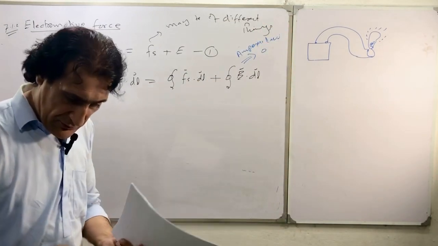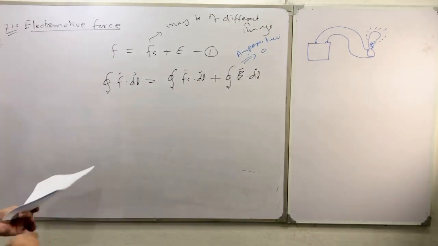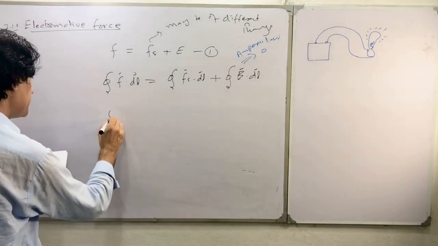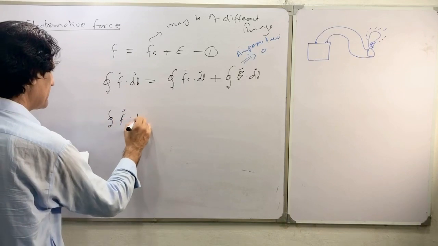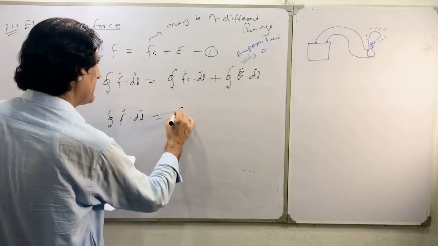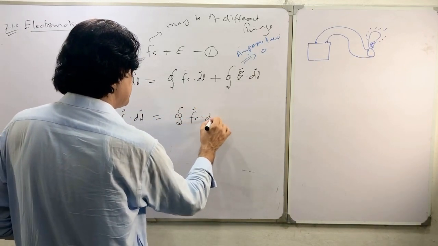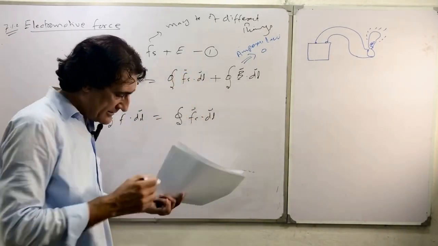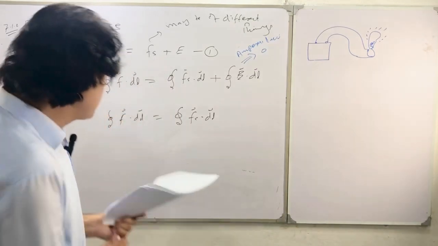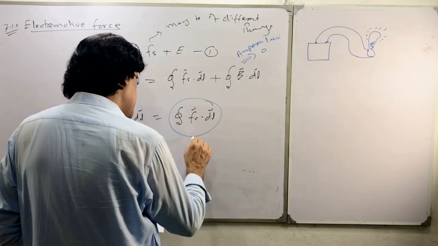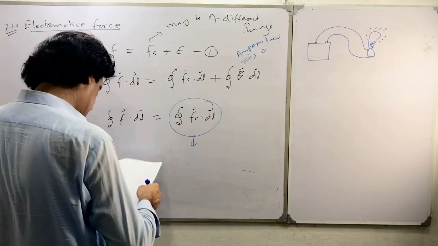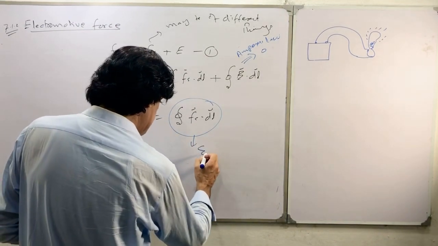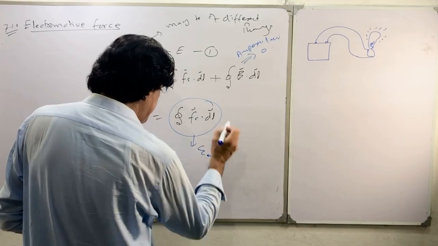Okay, so now this term is equal to 0, then we may write this equation in the form of the closed loop integral of Fs dot dl. And this right-hand side we may represent as EMF.